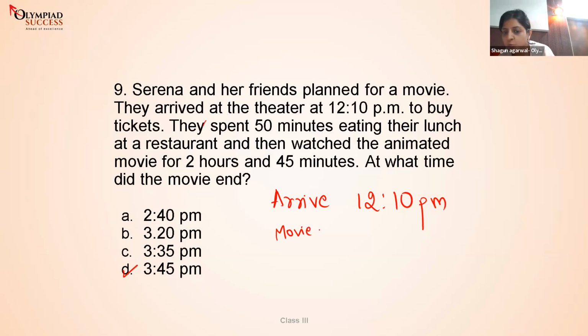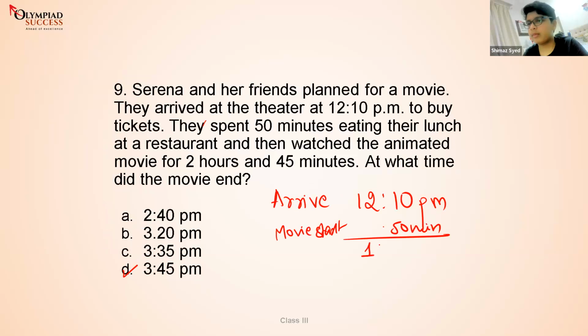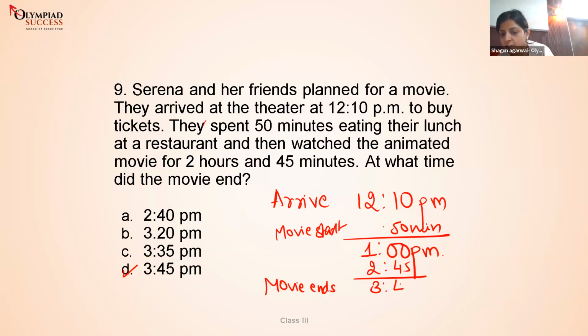Then the movie will start after lunch, which is we add another 50 minutes to that, right? Yeah. So the movie starts at 1 p.m. Now it lasts for 2 hours and 45 minutes. Correct. So we added 3:45. So what we get is 3:45 p.m. Absolutely right, Shimas. Thank you.